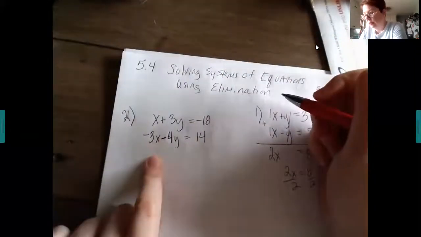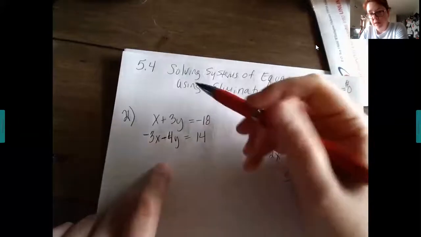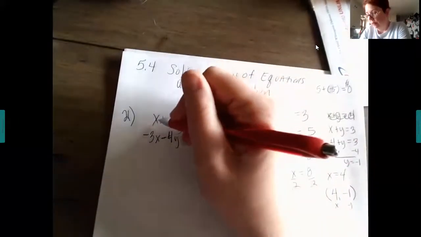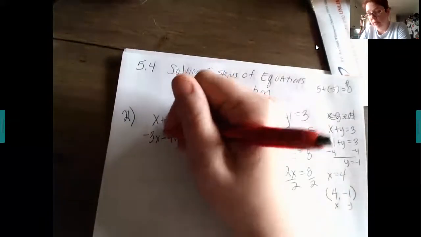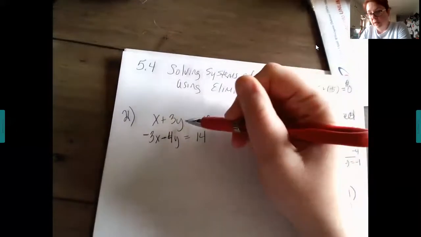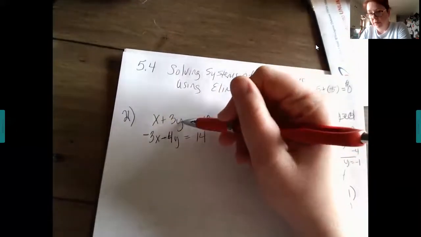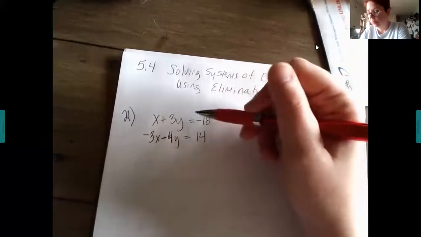So here we have this set of equations, right? If we added it as they are together, if I added this 1x to this -3x, nothing's going to cancel out. If I added 3 plus a -4, I'm still going to have a y. I'm still going to have -y. So that doesn't help me.